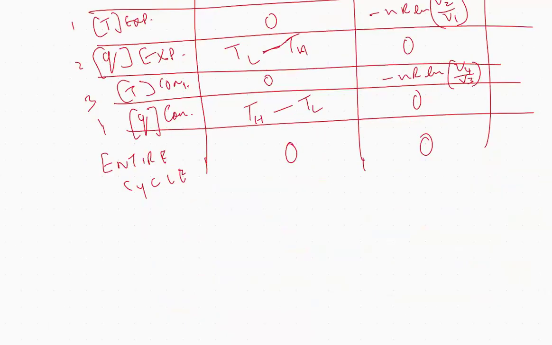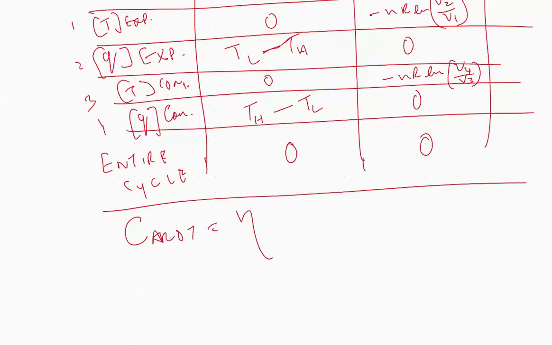So efficiency of a Carnot cycle, efficiency is given by this eta, given by net work done by heat engine.